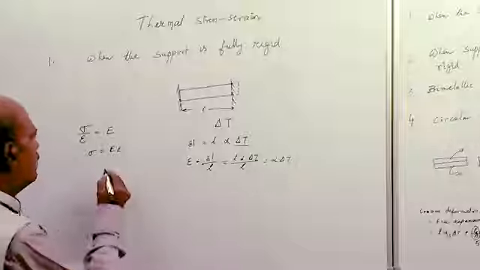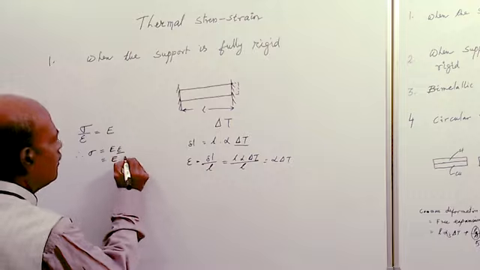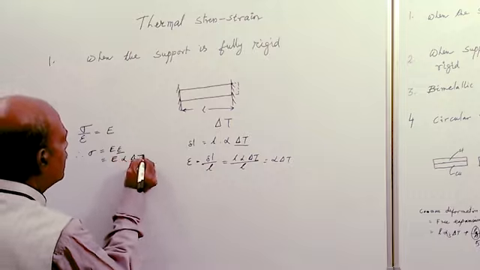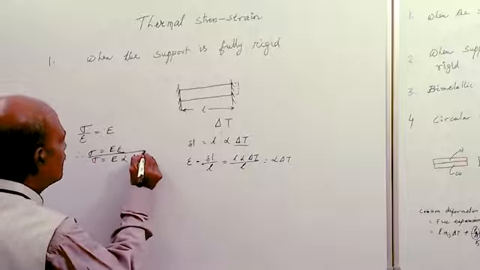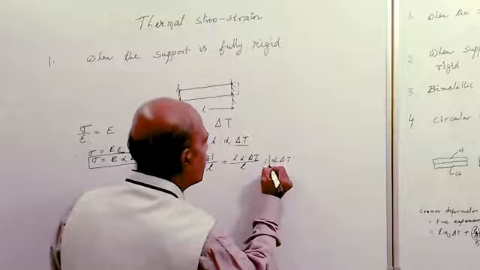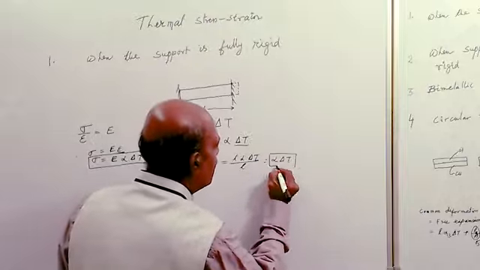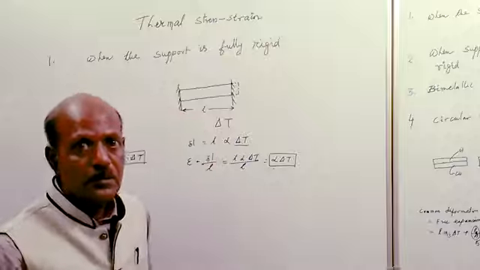By replacing this epsilon, we can write E into alpha into delta T. That is the thermal stress developed in the body, and alpha into delta T is the strain developed in the body. So this is about the first case.